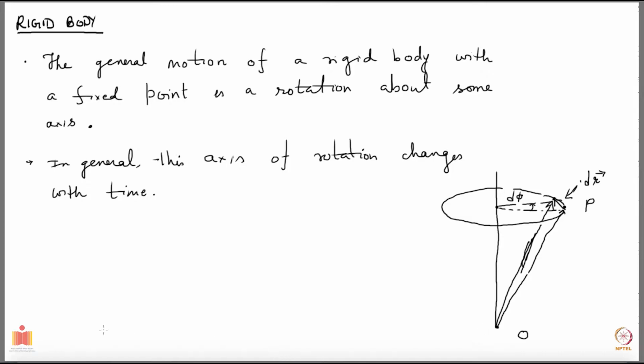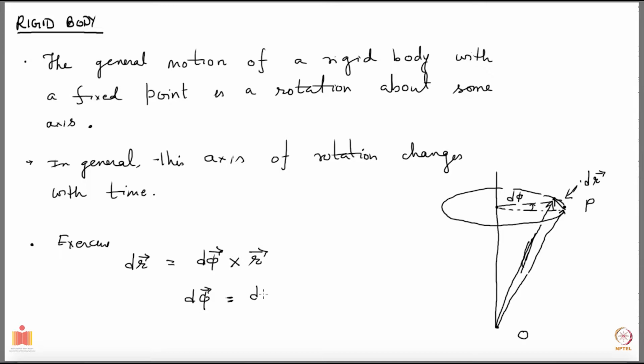So if your body is rotating counterclockwise and covers an angle d phi, then you can check, it's not a difficult exercise, please check that the displacement dr is given by d phi (vector) cross r. And what is d phi? d phi is defined to be a vector. You can look up any textbook and you'll find more discussion on these vectors.